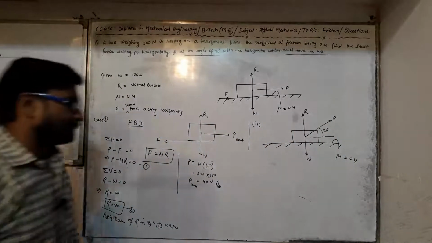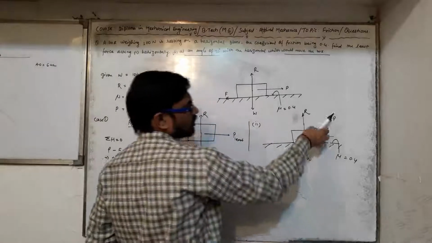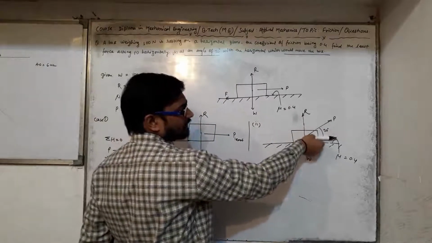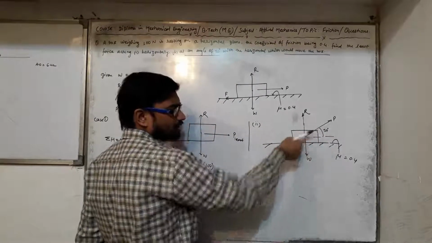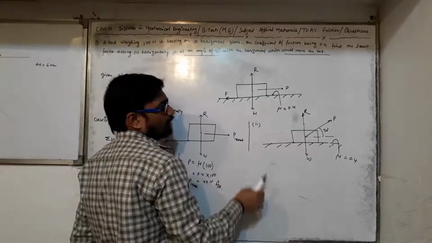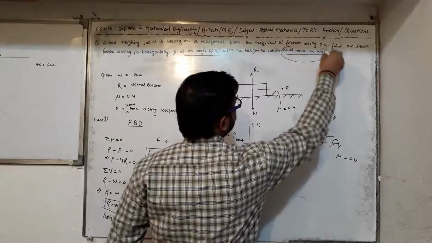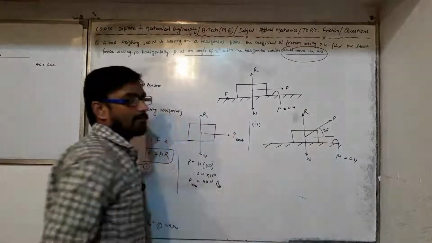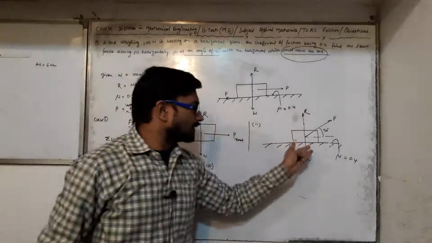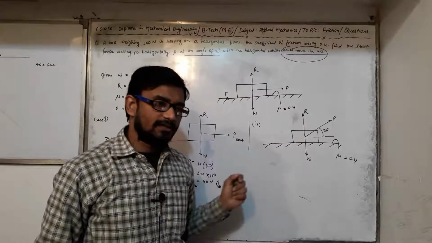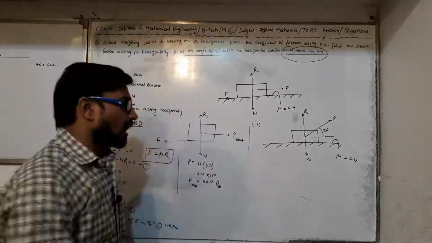Okay, so now P is acting at an angle of 30 degrees with the horizontal, and according to the question, it would move the box. When P is acting, the body is about to move. It means the case of limiting friction, about to move.